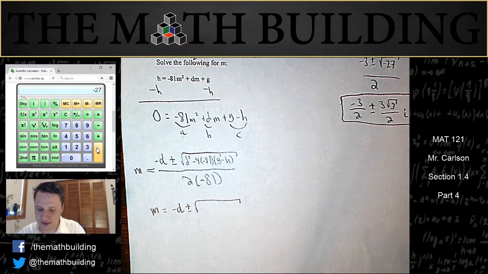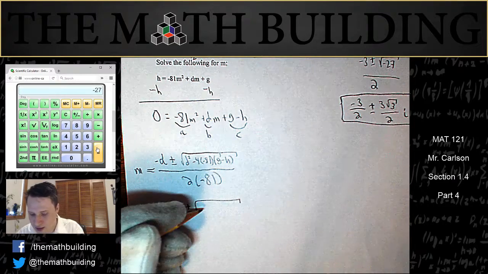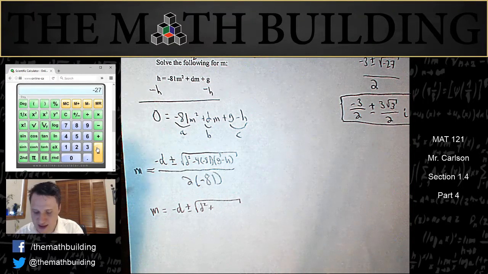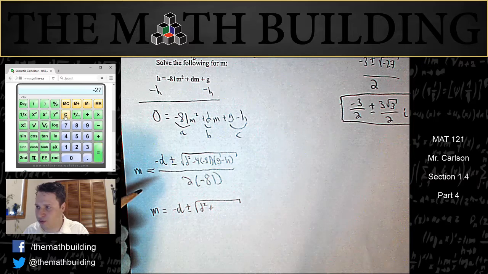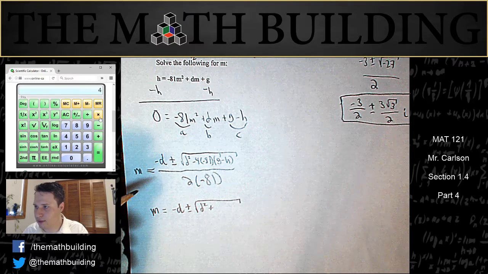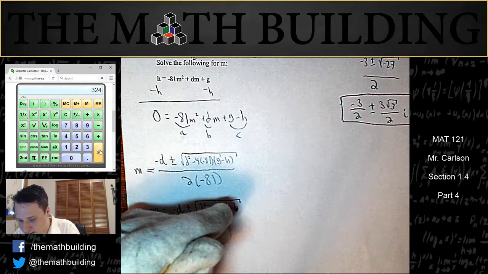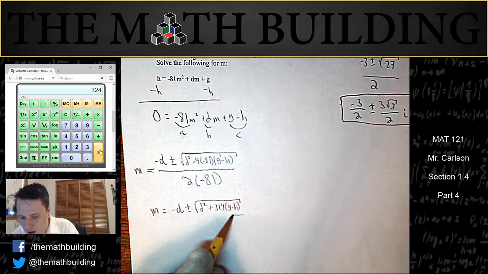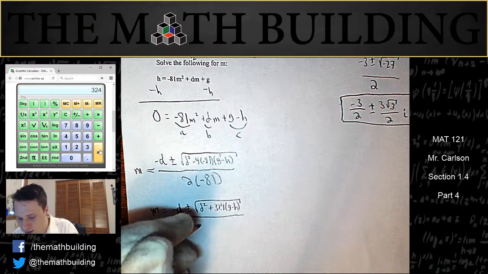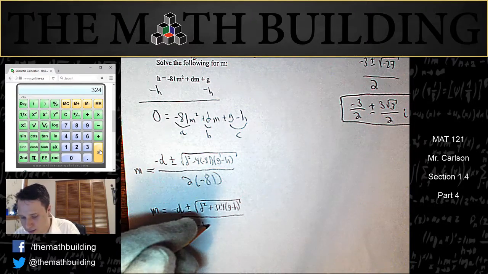Negative 4 times negative 81 is going to be positive. So this will be d squared plus, and I believe 4 times 81 is 324. Yeah. So 324 times g minus h all over 2 times negative 81, which would be negative 162.